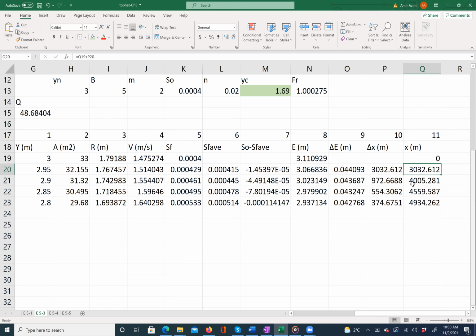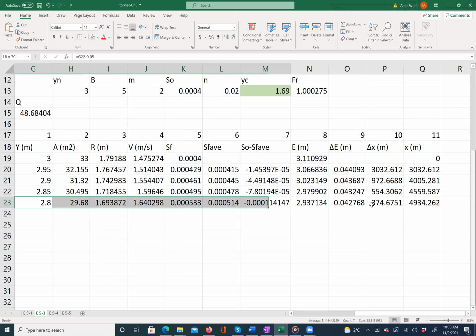It means that the direction of the distance measuring is different from the direction of the flow. As we go downstream, distance is positive, whereas as we go downstream, the water level drops.